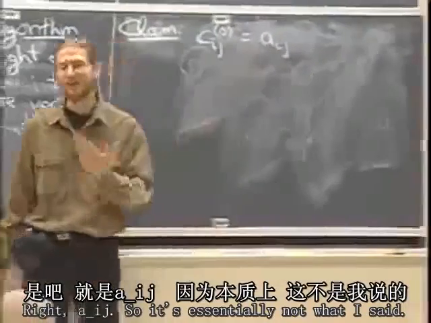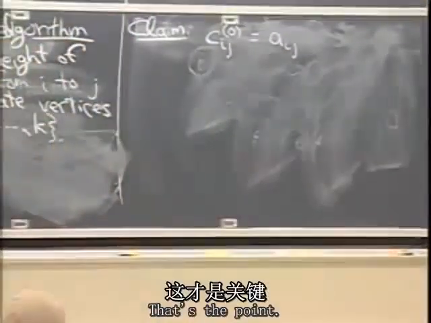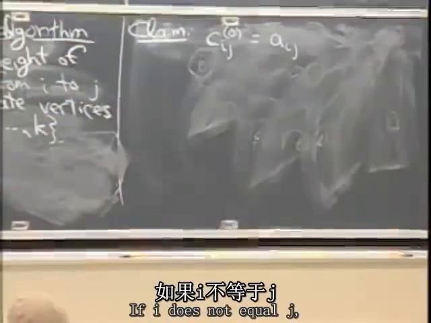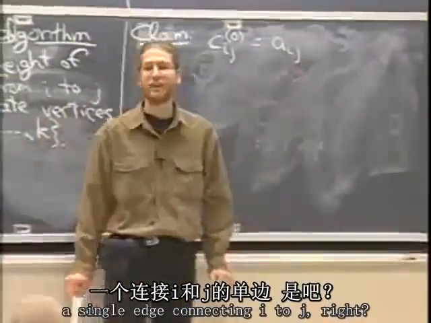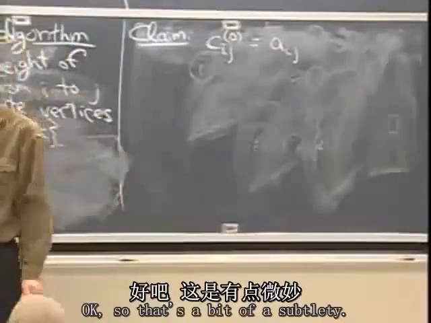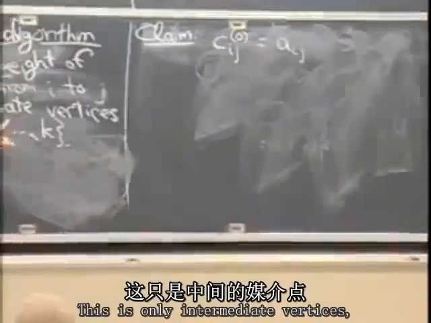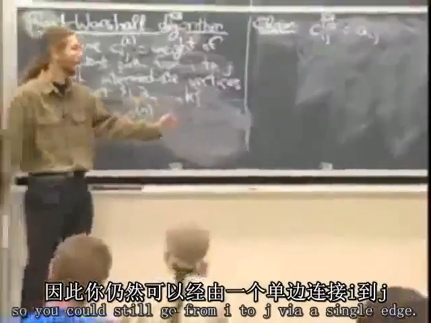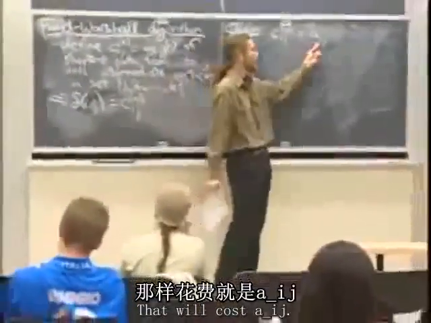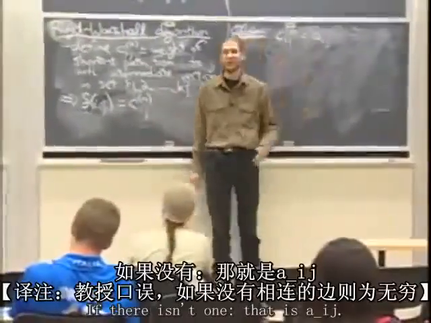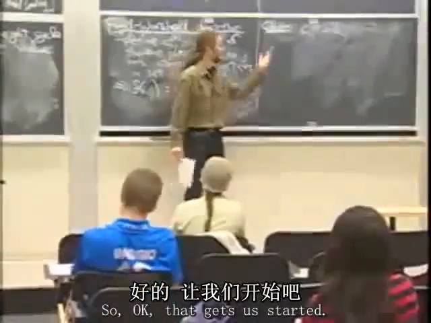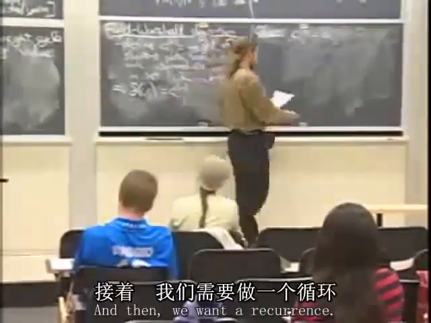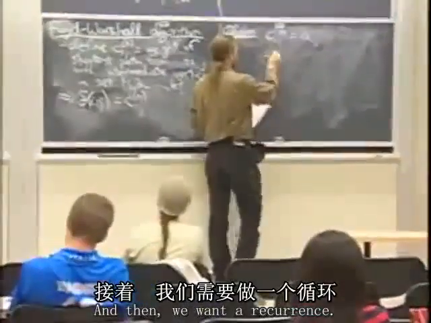So it's actually not what I said. That's the point. If i does not equal j, you still have to think about a single edge connecting i to j. Right, so that's a bit of a subtlety. This is only intermediate vertices, so you could still go from i to j via a single edge. That will cost Aij if there is an edge, infinity if there isn't one. So, okay. That gets us started. And then we want a recurrence.